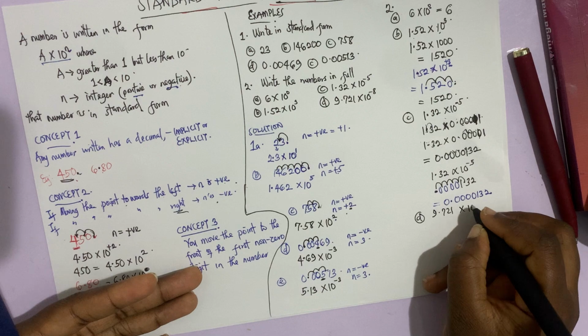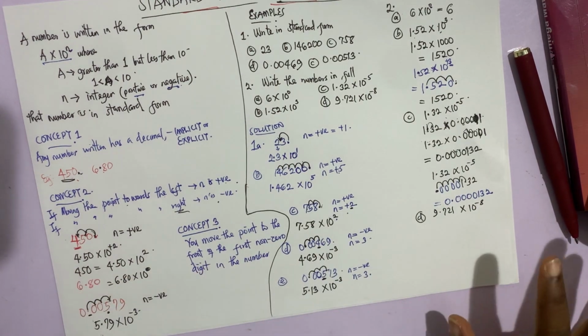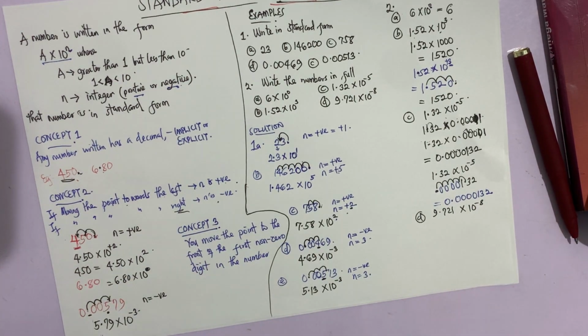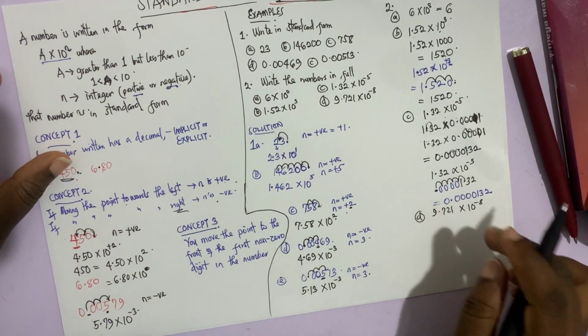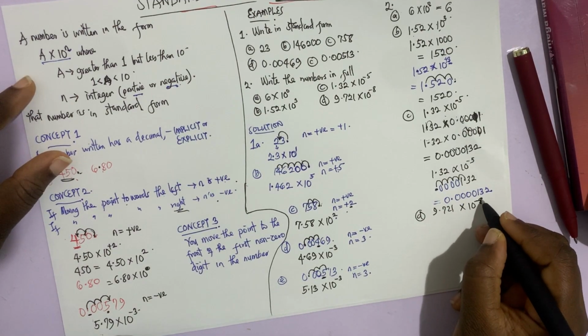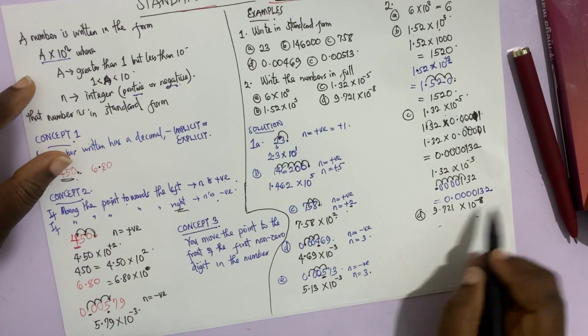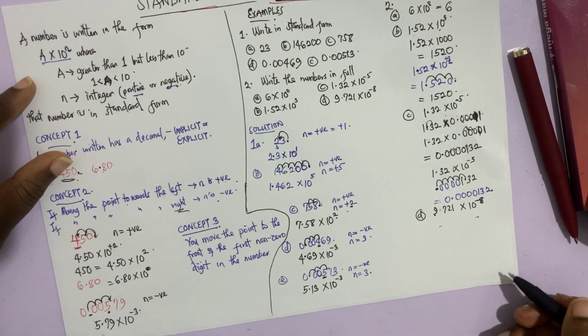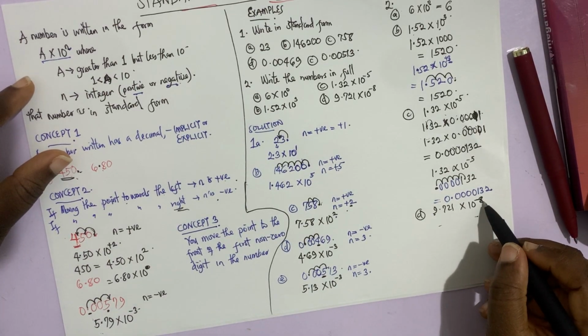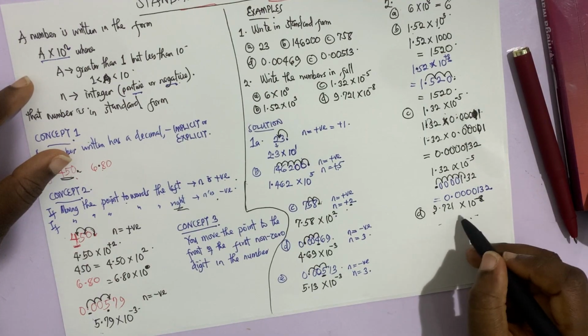And final question, question 3, 9.721 times 10 to the power minus 8. The shortcut to this, because it can be quite confusing: if it's negative and you want to change it to full, so that is negative 8, just add 7 zeros, with this 9 that will make the 8. If it's minus 6, how many zeros will you add in front? You add 5 zeros.